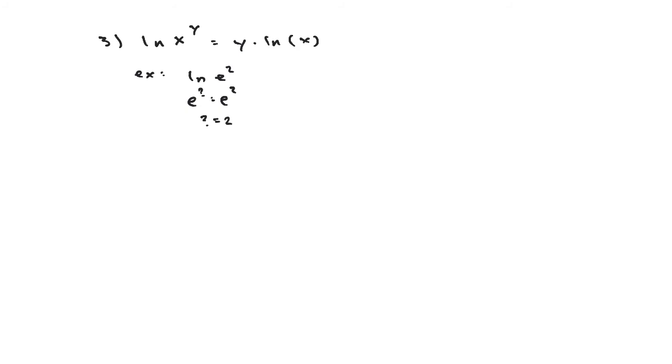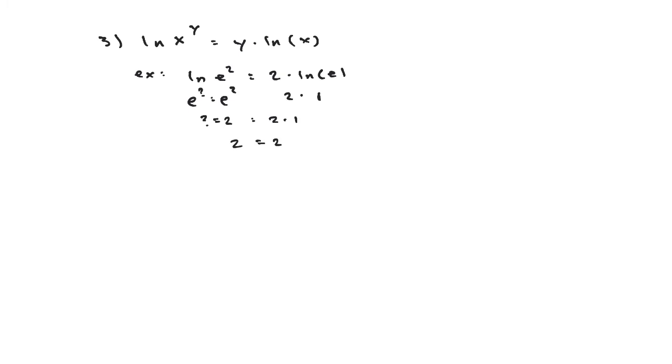But based on this rule, this is also 2, if I move the power out in front, times the natural log of e. And the natural log of e, we also saw, is just equal to 1, so this is 2 equals 2 times 1. So we should be happy that it works out. And that's also going to be a useful property to use for a bunch of different situations.